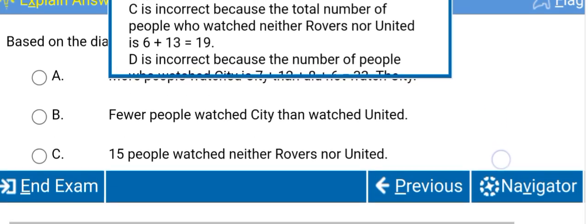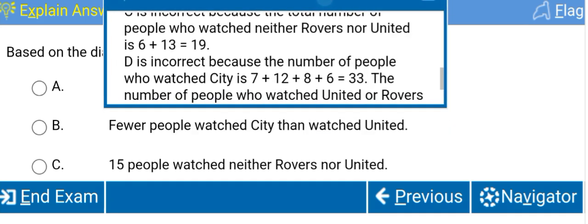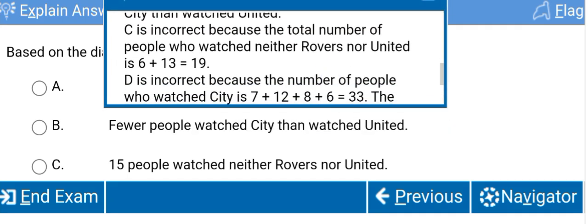Option C is incorrect because the total number of people who watched neither Rovers nor United is 6 plus 13 equals 19.